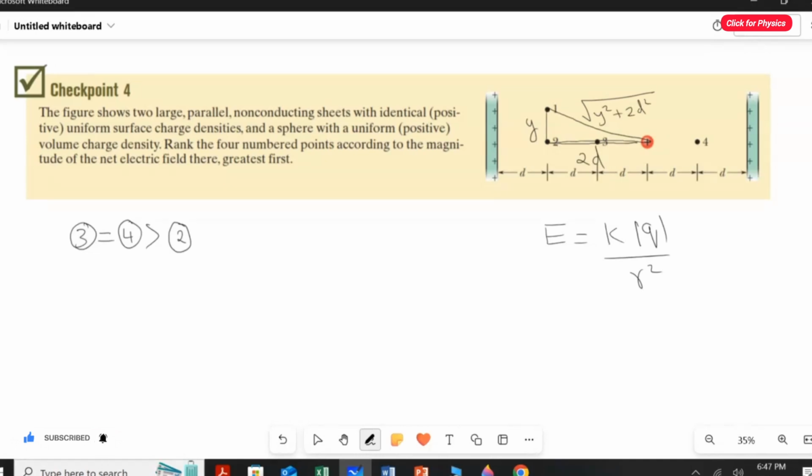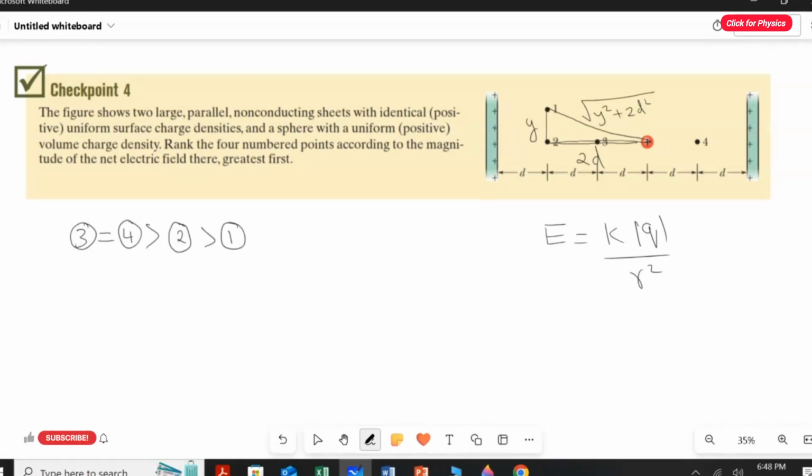When you substitute values for y and d, this distance will be greater. That means the distance from point 1 to the positive charge will be greater compared with the second point. So the last rank is for location 1.